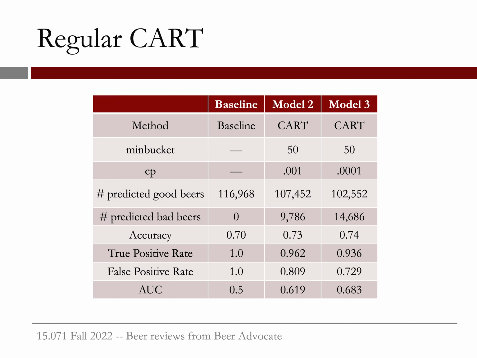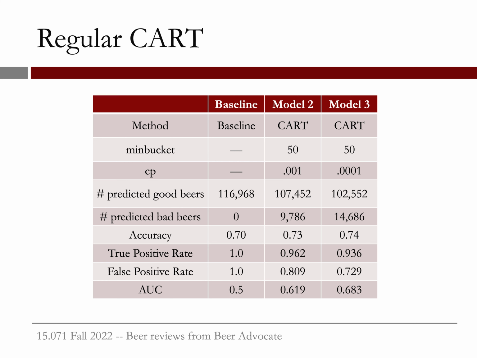Tanner presented the distribution of the data earlier, and we saw that there were a lot of the 4 rankings. So we're going to assume our baseline as if we predicted 4 every time, and you can see that is about 70% accurate.